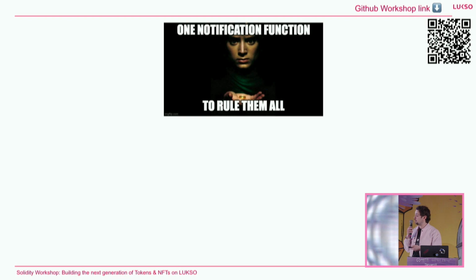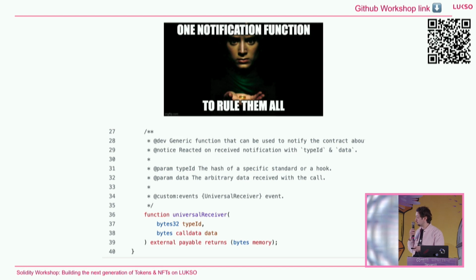And the way we have built that at LUKSO is by using a common interface function called universal receiver, where you have a type ID to specify the type of token or NFT or information you are receiving, and the data that was sent alongside the notification.